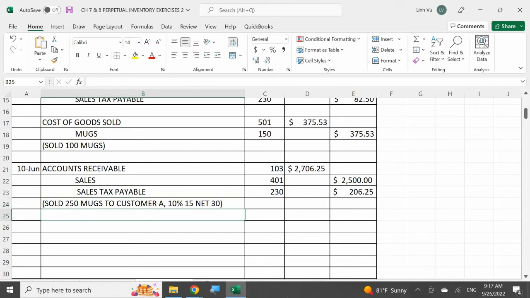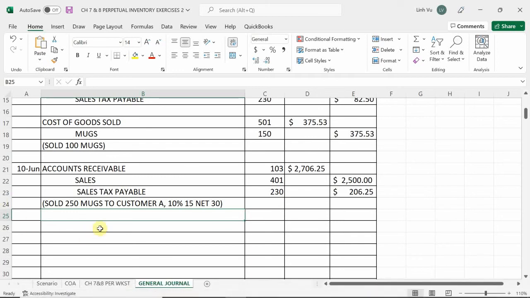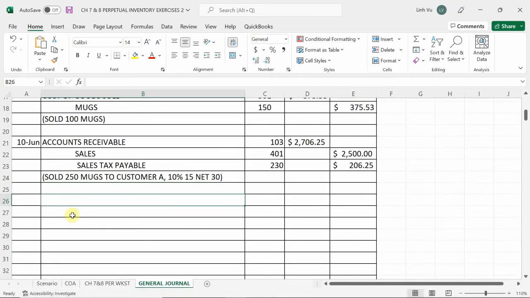Now that I recognize that I sold the product to customer A, now I need to update my inventory. How do I update my inventory? You're going to go into mugs. You're going to take away from mugs.